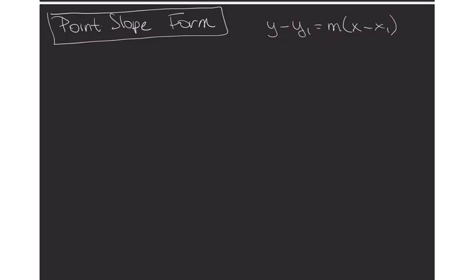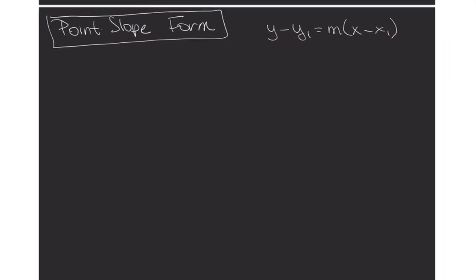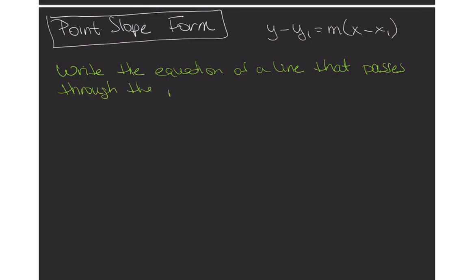So if we wanted to write the equation of a line, here, I'll get even specific for you, that passes through the point, never knew there were so many words, did you?